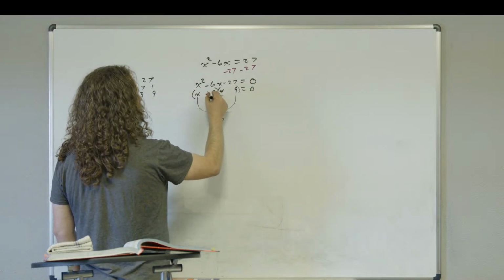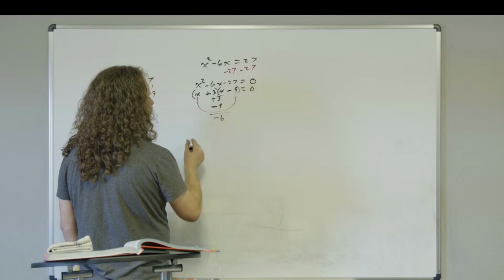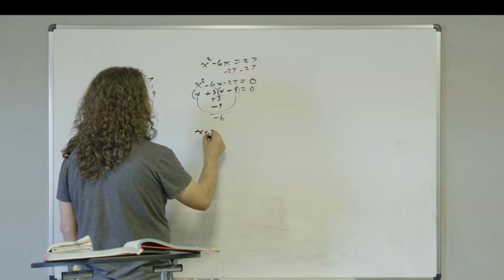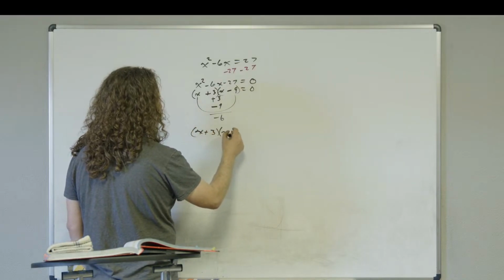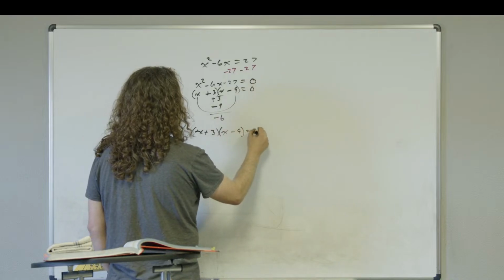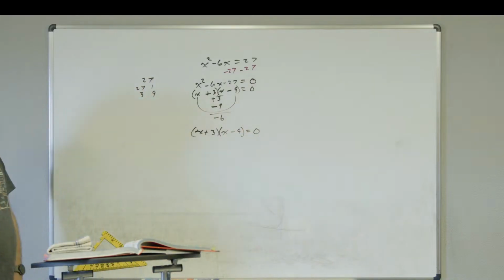Follow our nose and put a plus, follow our mouth and put a minus. Now it is completely factored and equal to 0. What can we do now? The pool thing? Yeah, like the last lesson. What do we do?